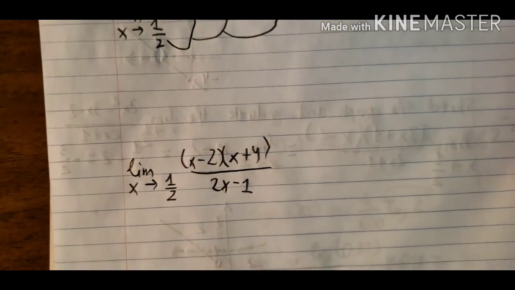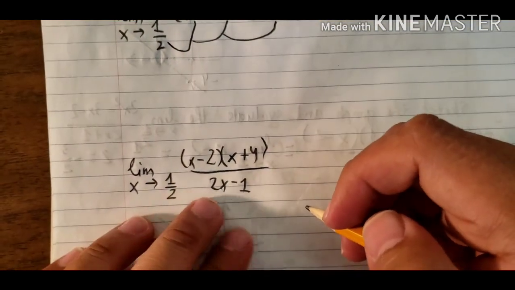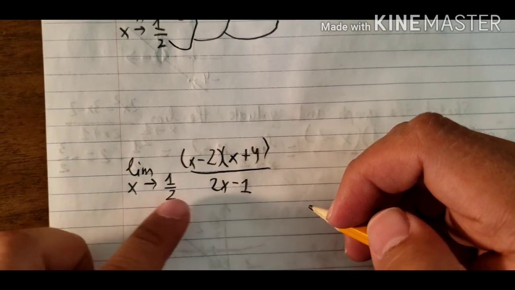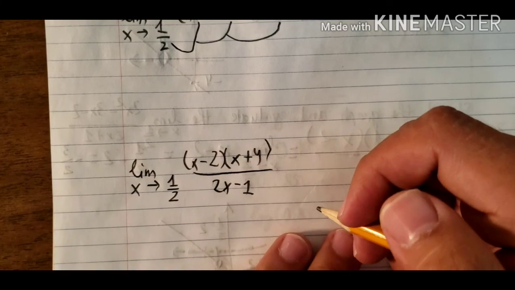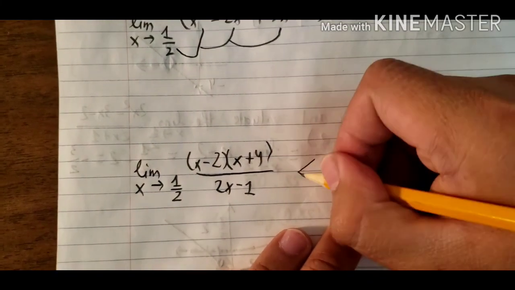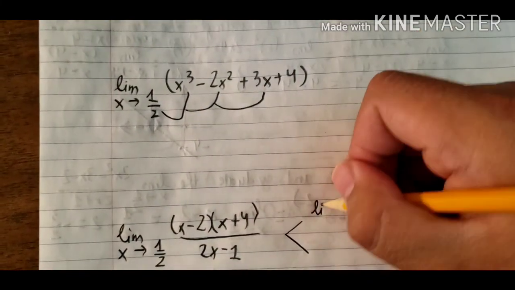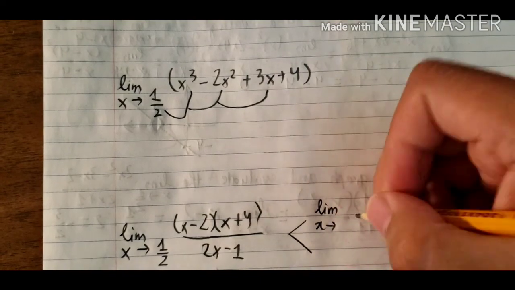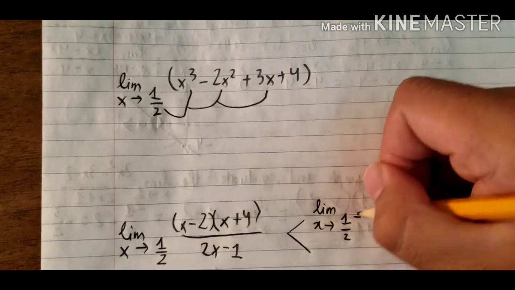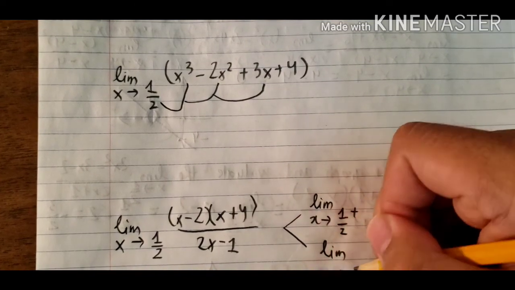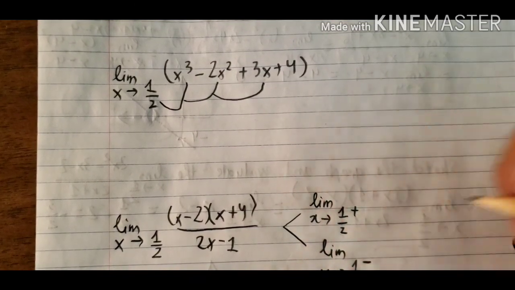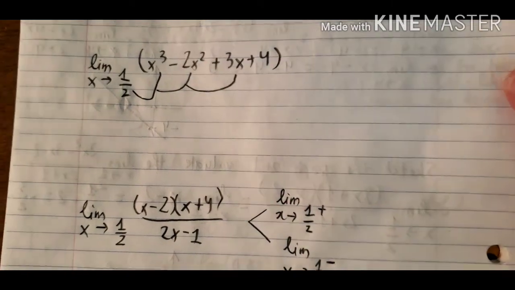The next one, we have 2s minus 1, but in the factor we don't have anything to simplify, so we will have 2 limits in here. We have s going to 1 over 2 from the positive side, and s going to 1 over 2 from the negative side, like this.